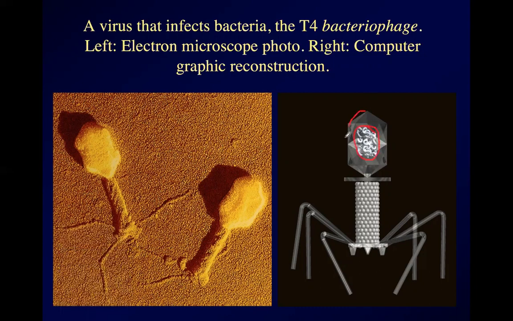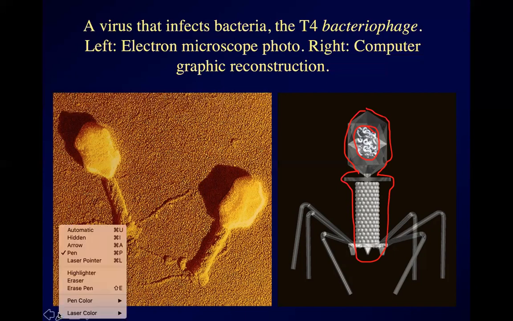The capsule is, well, part of it is this head made up of proteins. There's a neck right here and a little base plate and tail fibers right there. So that's a computer graphic. And over here, this is what they look like visualized with the electron microscope using a special technique called shadow casting.